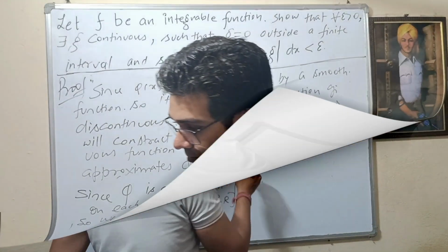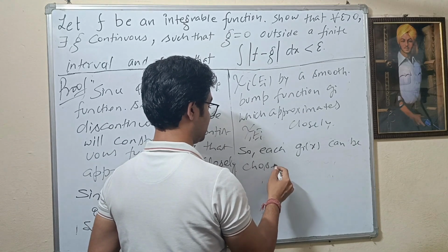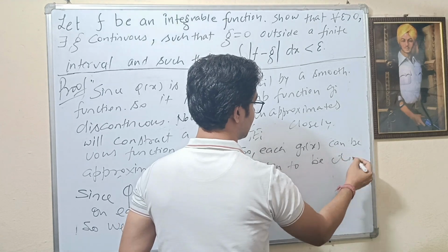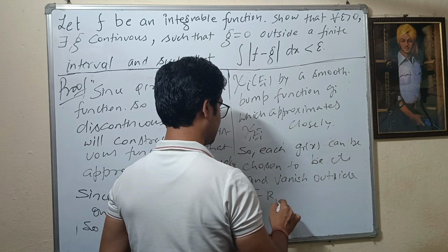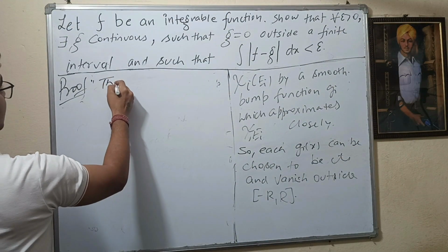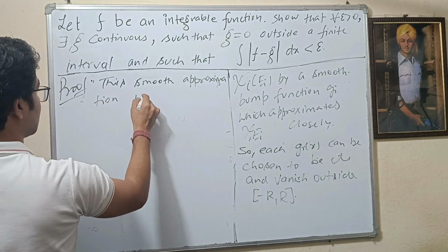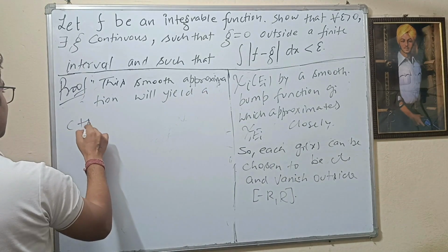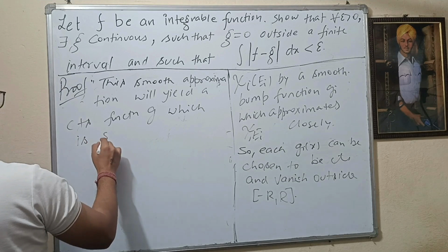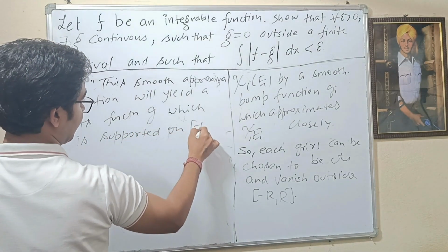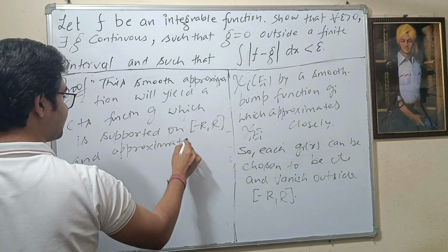Okay, so each g_i(x) can be chosen to be continuous and vanish outside minus R to R. This smooth approximation will yield a continuous function g, which is supported on minus R to R and approximates phi(x).